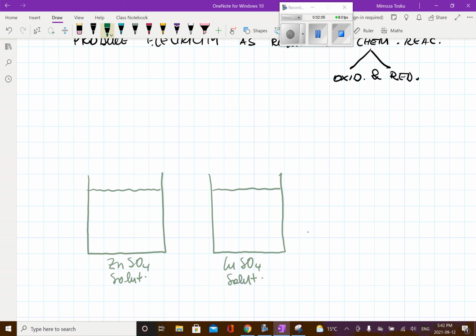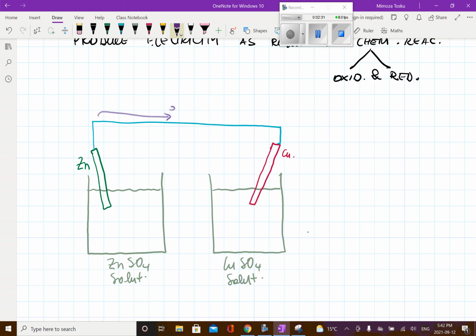We put a plate of zinc into the zinc sulfate and a plate of copper into the copper sulfate. And as soon as we connect those two with a wire, what we notice is the motion of the electrons.